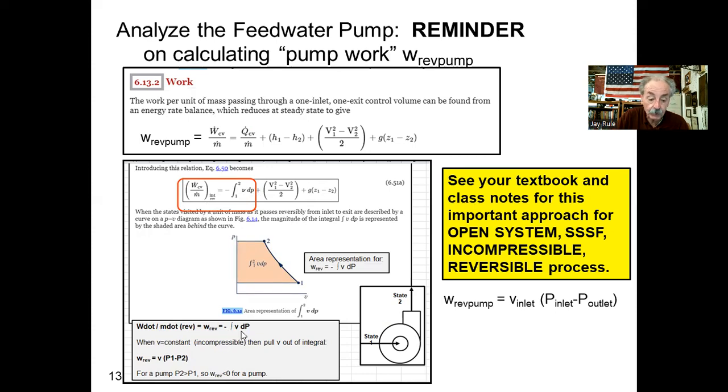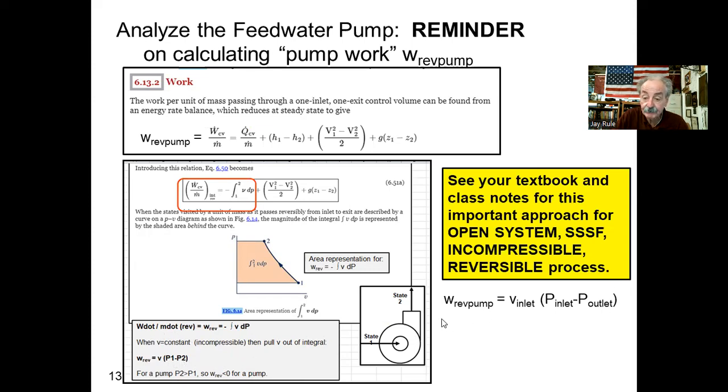I'll remind you that for a pump, water is basically an incompressible fluid. We take V out of the integral. We get this relationship: the reversible work, W dot over M dot for the pump, is equal to V, the ingoing specific volume, times the pressure difference, P1 minus P2.